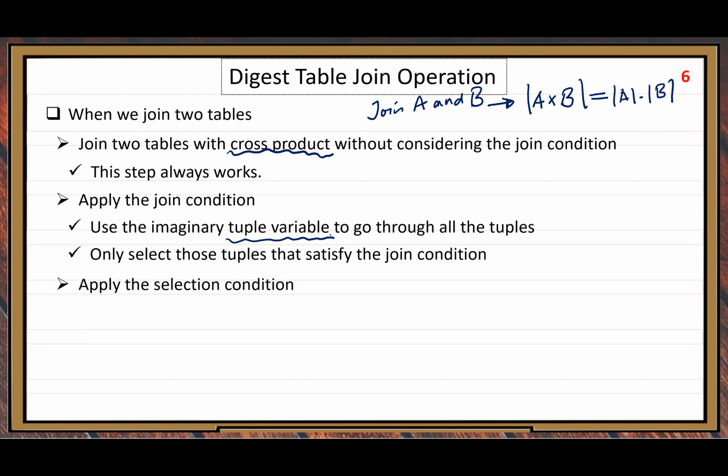After that, not done yet, because you have the selection condition part. You need to apply the selection condition to eliminate more tuples. So here, our selection condition, remember, is the department name equals research.